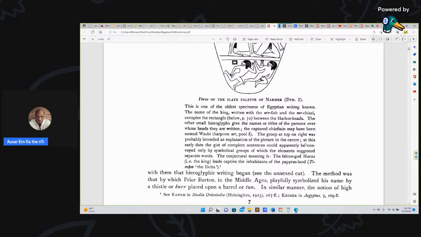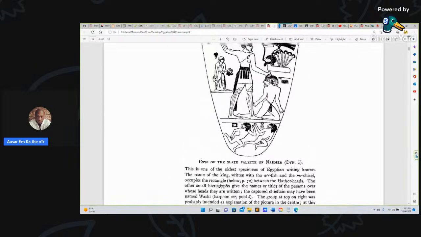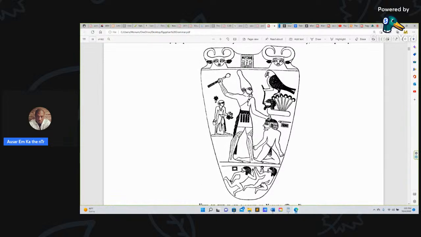At this early date, the gist of complete sentences could apparently be conveyed only by symbolic groups in which the elements suggested separate words. So they're saying full sentences weren't quite there, except for in the pictographical form. So they're using pictures to complete the sentences. You know, you got Narmer, you see his castle, the serekh in the middle, and you've got the Necharet Bat or Het Heru, if you will.